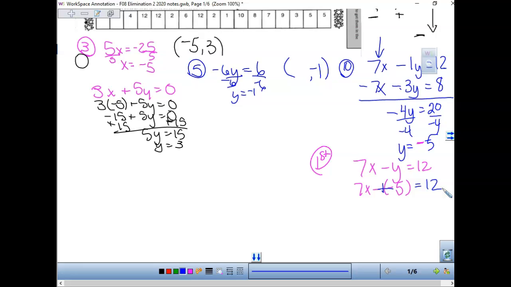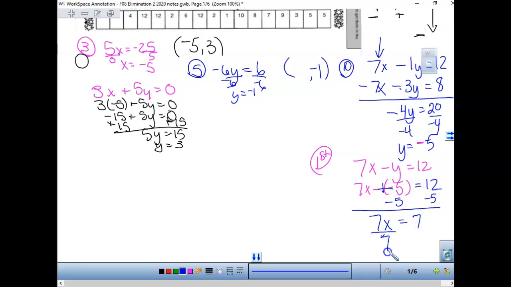So now, how do I get rid of plus 5, Brad? I'm going to subtract 5, right? So I subtract 5 on both sides. When I do that, I get 7x is equal to 12 minus 5, which is 7.